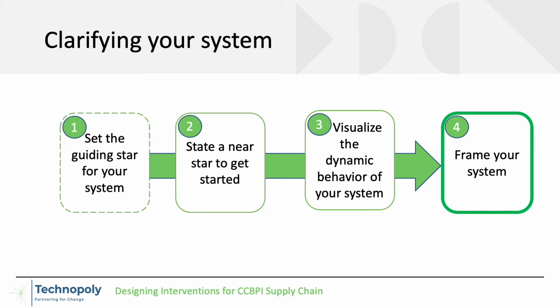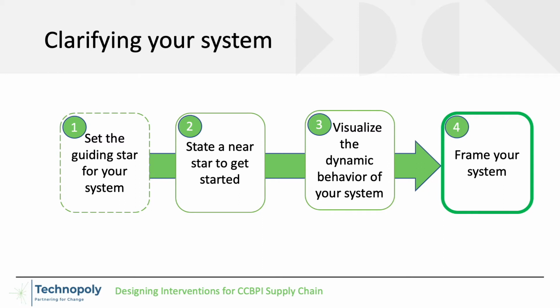In the first phase of our systems practice, our goal is to clarify your system. In order to clarify the system, we need to have a better understanding of what's driving it. First, you need to identify the guiding star of your system. What's the aspiration? Second, we need to define what we call a near star, a goal that's nearer that allows you to have a closer way to grasp an outcome without waiting too long before you reach your guiding star.